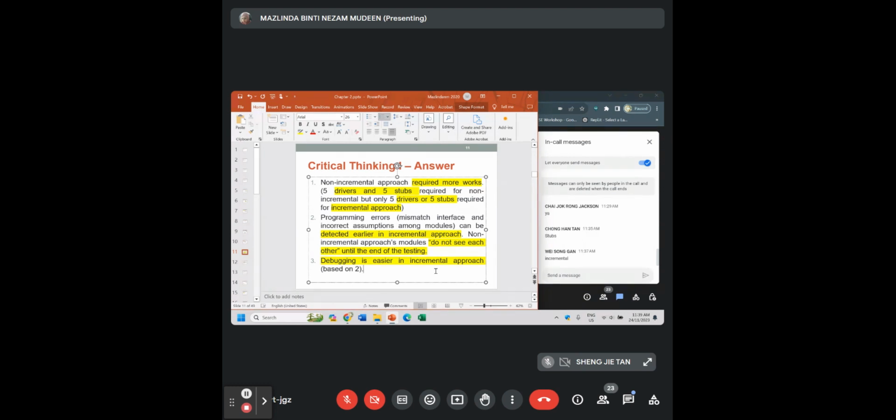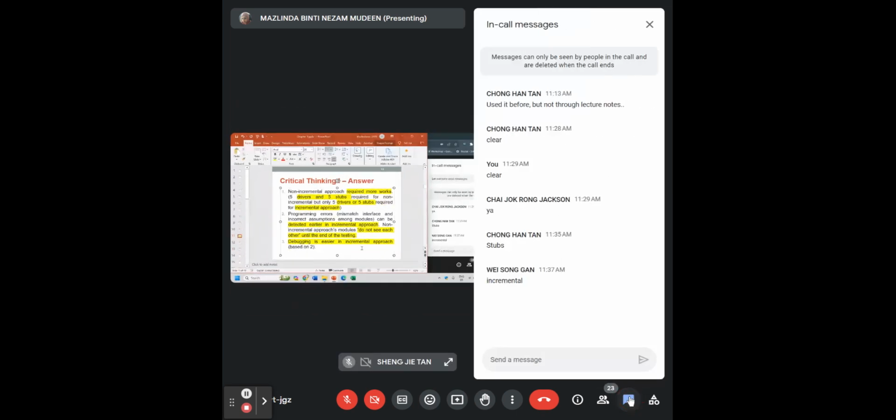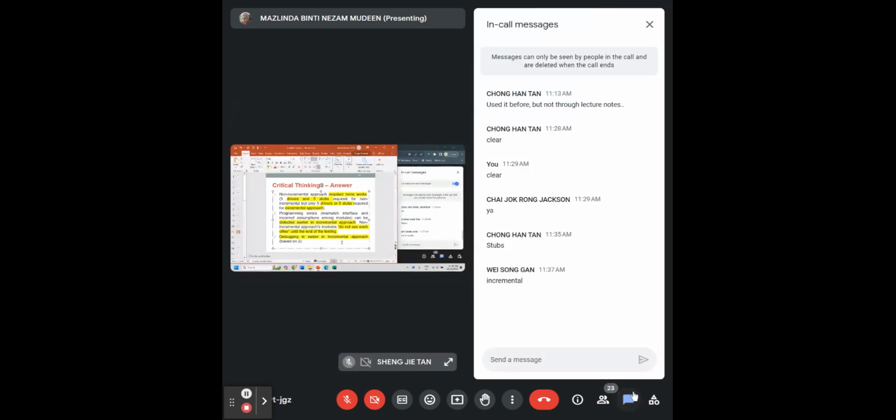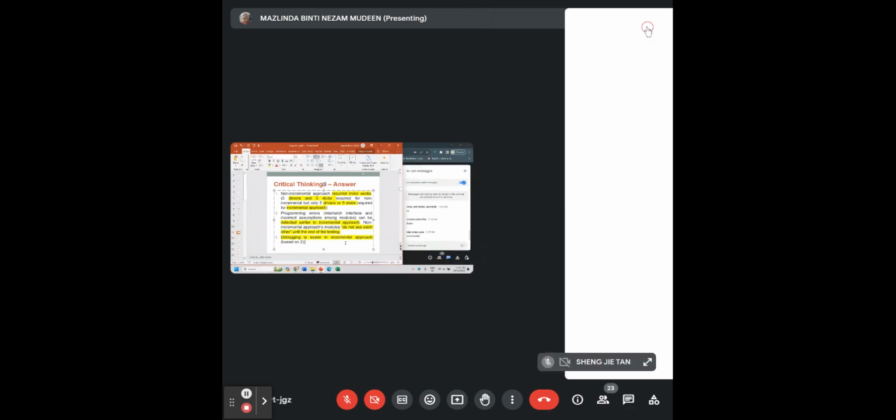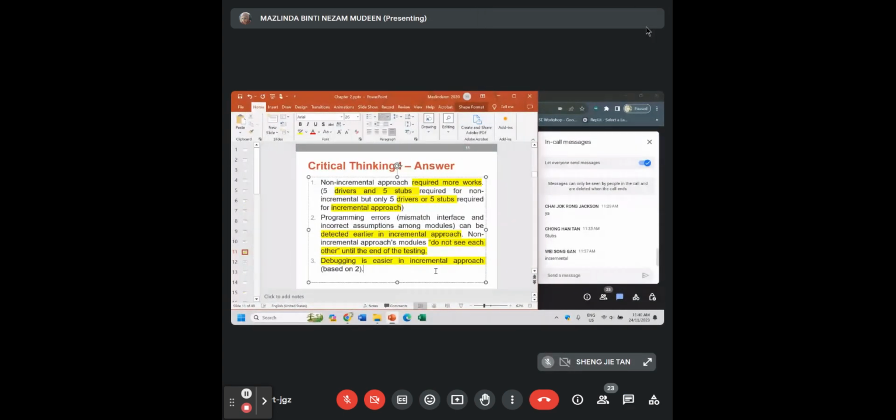Okay, so in that case, for point two and point three, who is having the advantage? Incremental approach or non-incremental approach? Is identifying the defect better at an early stage or not?